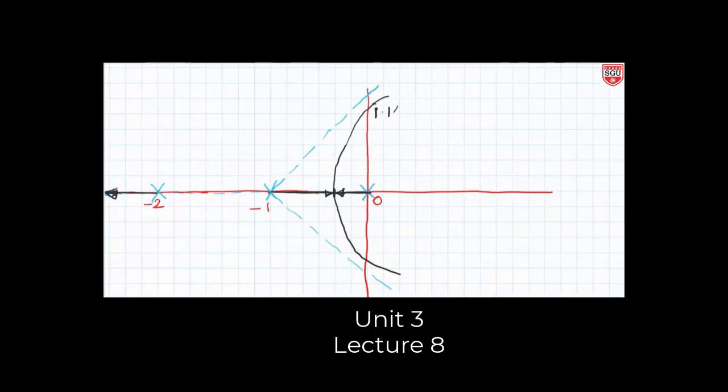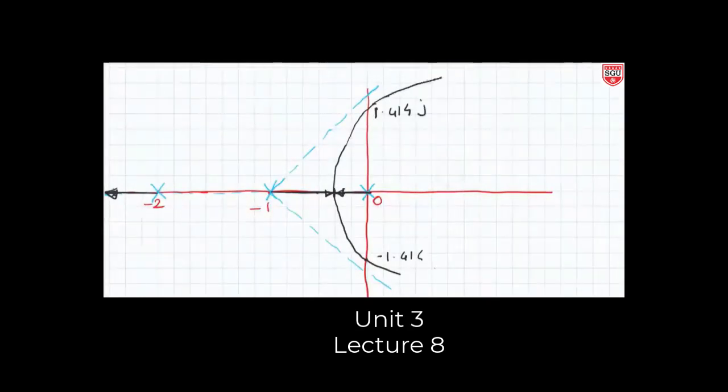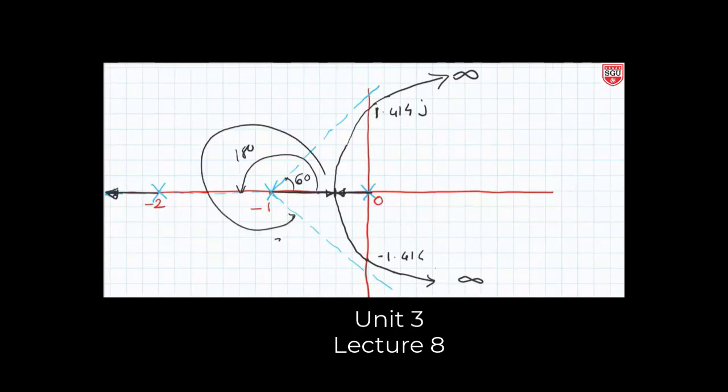And here actual point I have to take 1.414 positive j, here 1.414 negative j, and they will move to infinity. You have to show they will move to infinity. Here is the 60 degree angle, here is the 180 degree angle, and here is the 300 degree angle of asymptote.